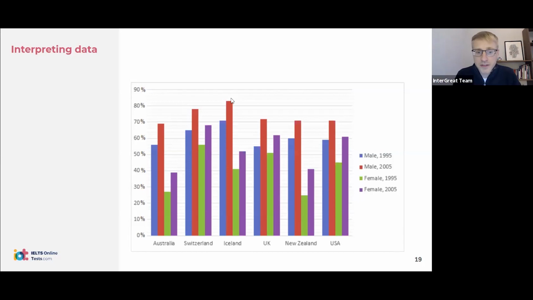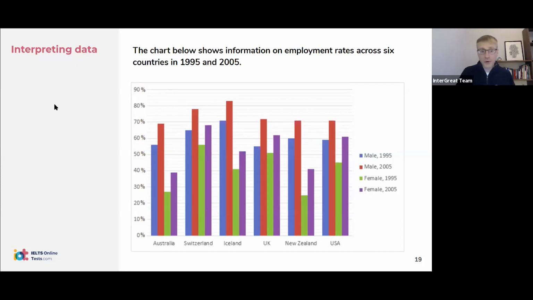So take a moment to look at this chart. Exactly, admin. How can we compare all the data with each other? We'll look at a process to do this in a moment. The first thing to do is to study the chart and read the title and try to identify what the chart shows, okay?